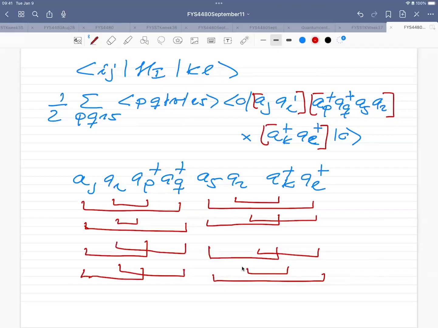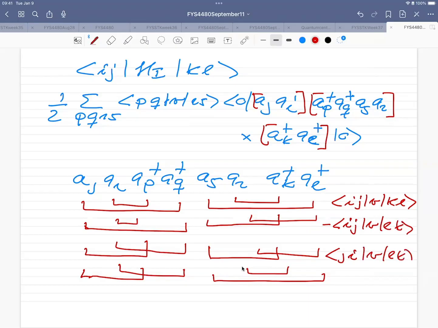And when we bake in the different Kronecker deltas, what we get then is that this gives rise to the contribution Ij, and then we have V, and the next one is KL. Here we still have, but we have a minus sign because we have to interchange two operators. So we have LK, and then in this particular case, we have two minus signs. So we get Ji and Lk. And finally, we have a minus sign here, which is a Ji of V of KL.